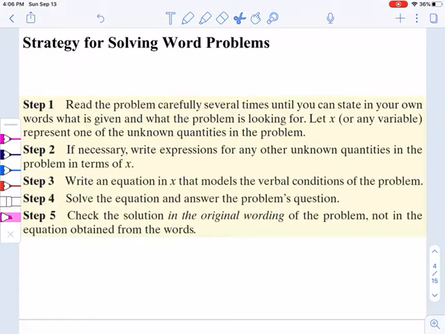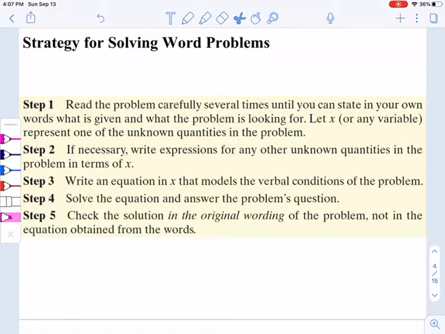Step 2, if necessary, write expressions for any other unknown quantities in the problem in terms of x. So if you have two unknowns like an x and a y, then you want to be able to take that y and relate it back so that the only variable you're using is x, because you only want one unknown to solve for.